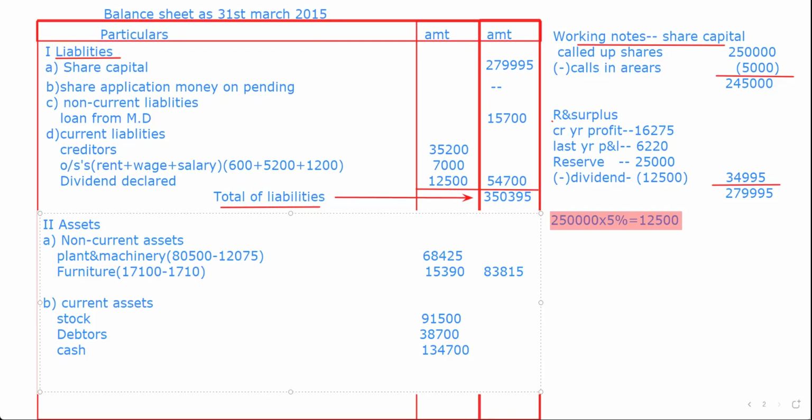Then apart from the cash, the rest all we have got prepaid. We have got prepaid insurance he gave. I got some 1,680. So I'll check it up. Did I miss anything? Once last I'm going to check it up. Then we are going to go for finding out the total of it, and we can close our balance sheet.